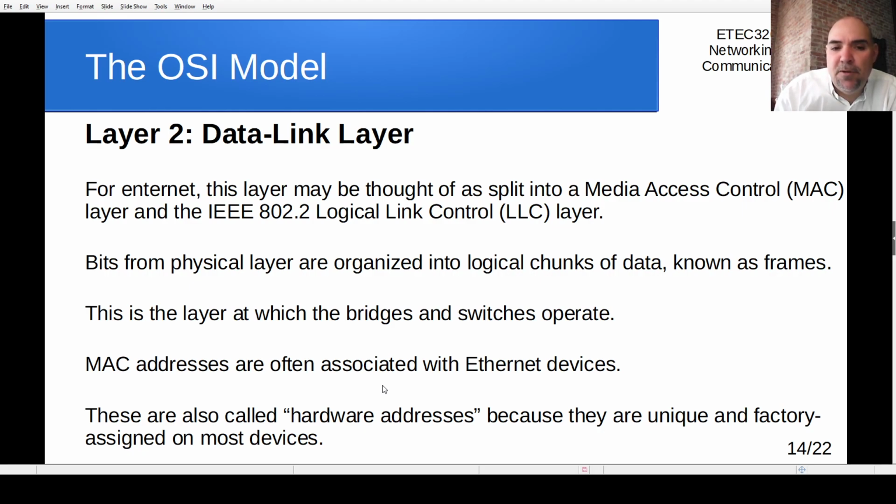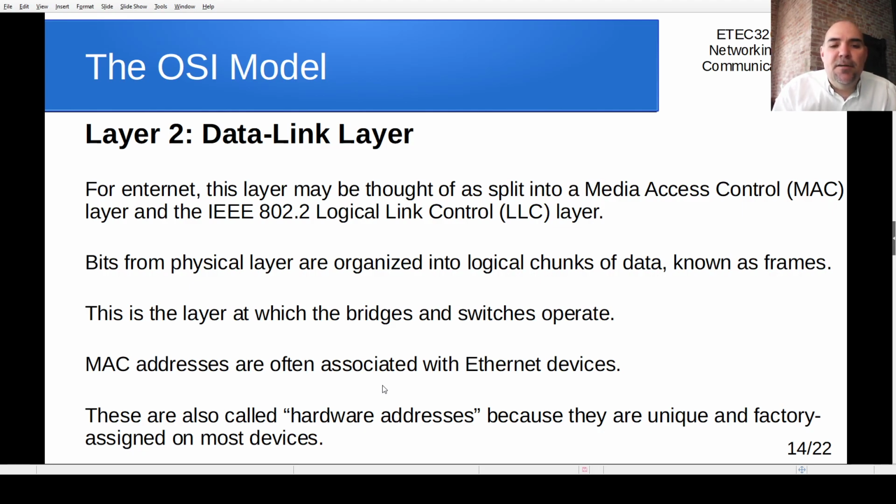The other level above that is the logical link control, saying here's some data. How do I put that into Ethernet frames to be sent? And notice the next sentence there says bits from the physical layer are organized into logical chunks of data known as frames. So in other words, when we're sending stuff across that wire, we're organizing it into these packets or frames.